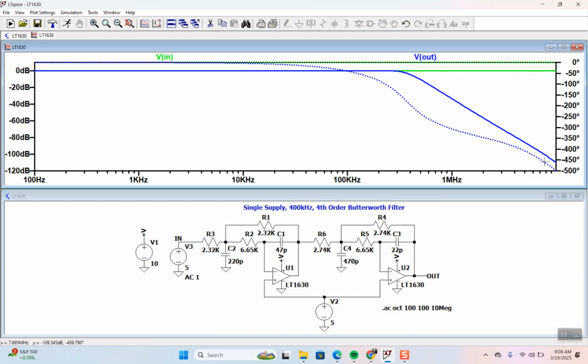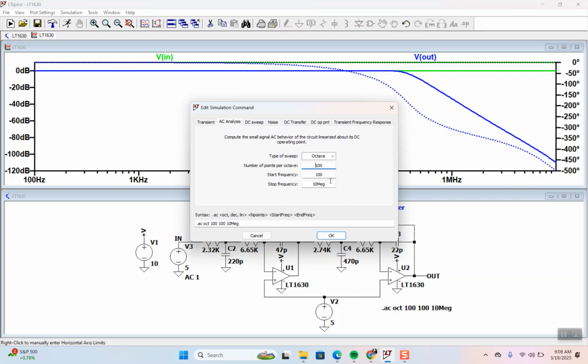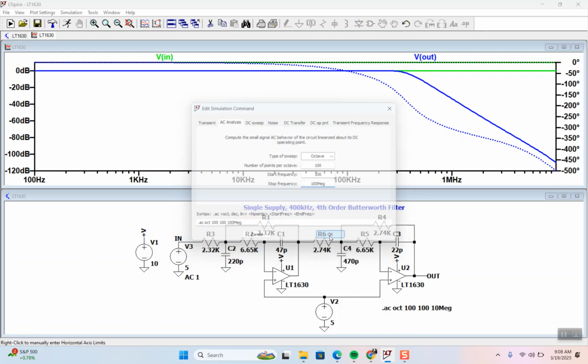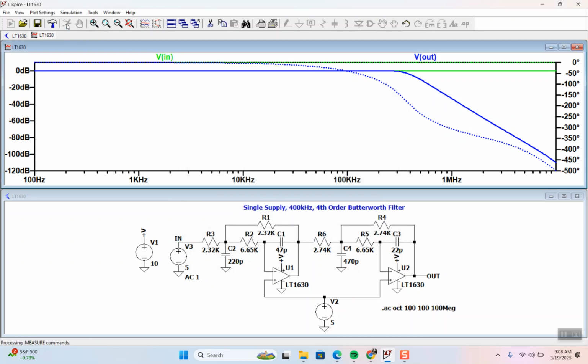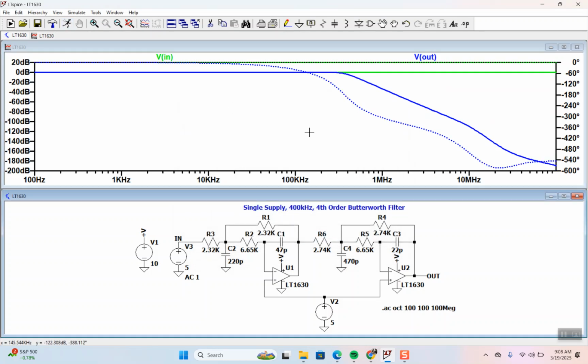But notice the phase is actually going more than that. And the simulation is just hiding the messiness from you, which is okay. So, yes, it's a low pass filter, but there's some oddities going on.